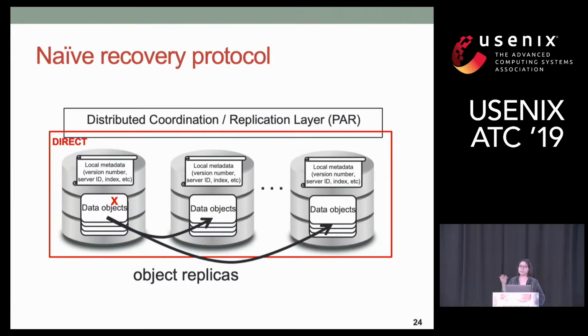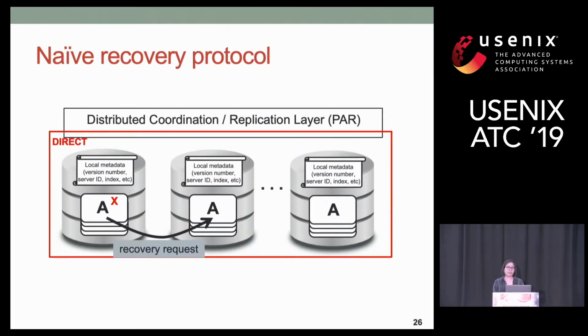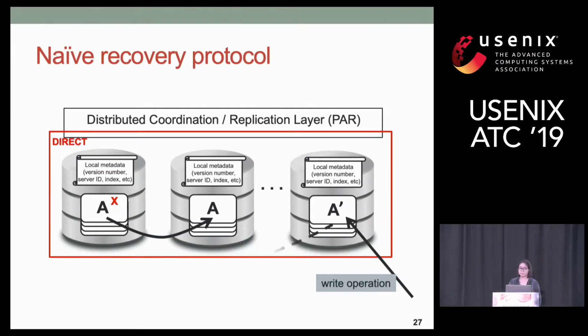Here's a naive recovery protocol that explains why we need to do safe recovery. Suppose we have a data object that's corrupted, and it has some number of replicas. Let's say we want to do a recovery of A that's corrupted. So we send a request to one of its replicas, and we say, hey, give me the uncorrupted version of A. Then there's some concurrent write operation that comes in that writes A to A prime.